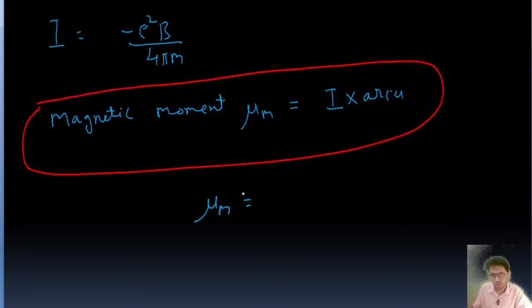So mu m is the current I, which is minus e square B upon 4 pi m, into the area, which is pi into the average of r square.